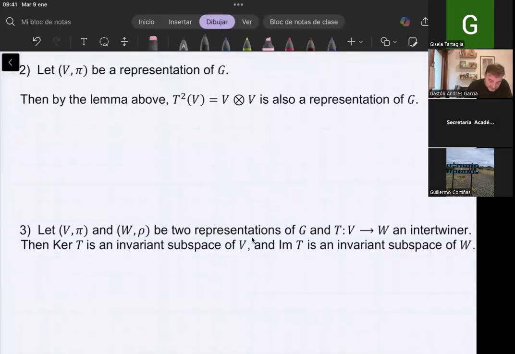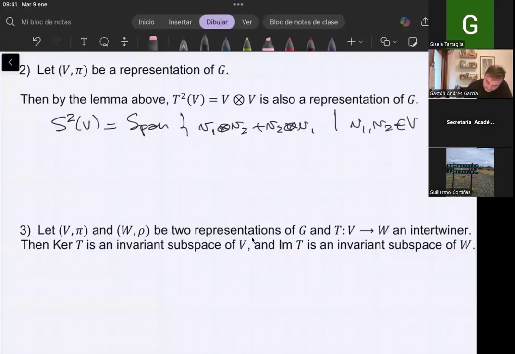The first one we call S2V. It is the span of the elements of the form B1 tensor B2 plus B2 tensor B1, such that B1 and B2 are in V.